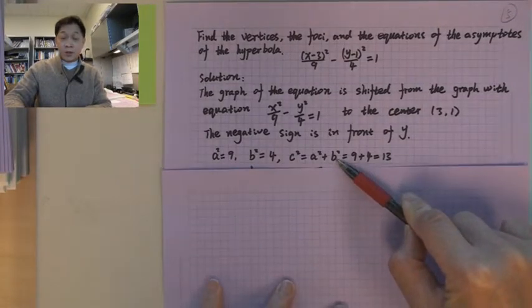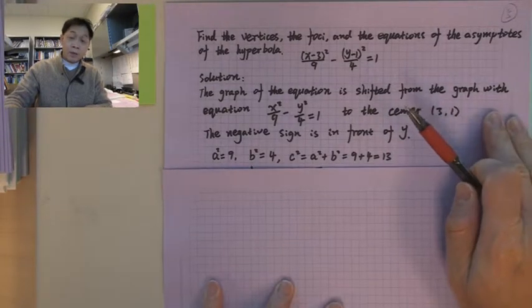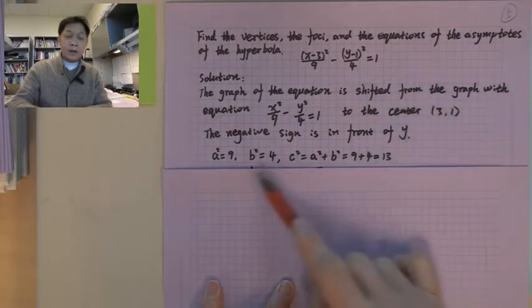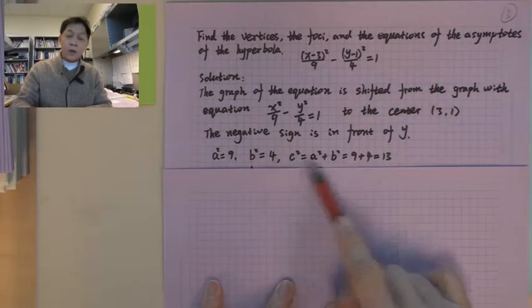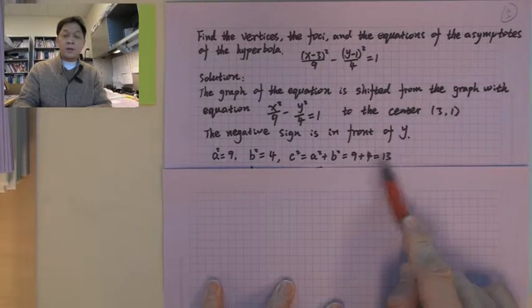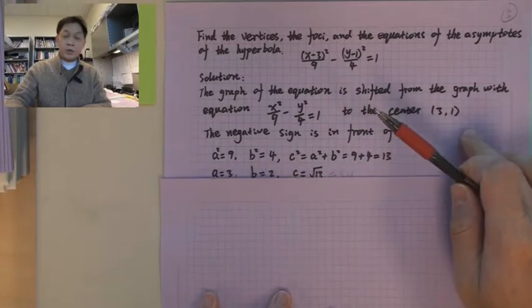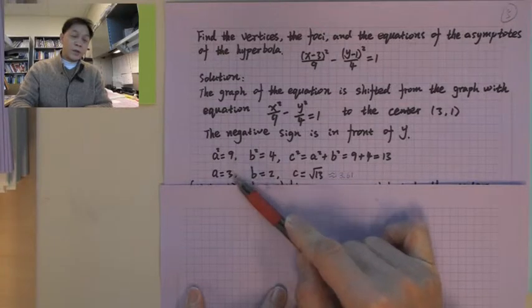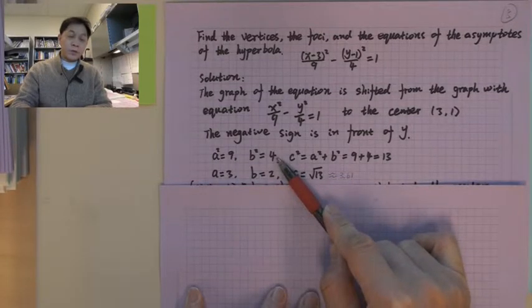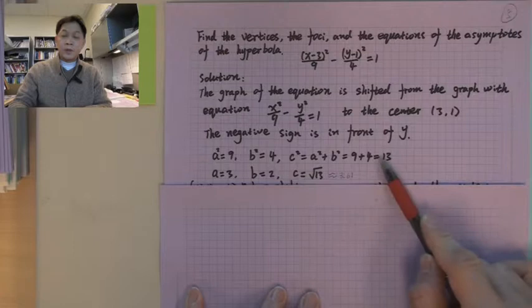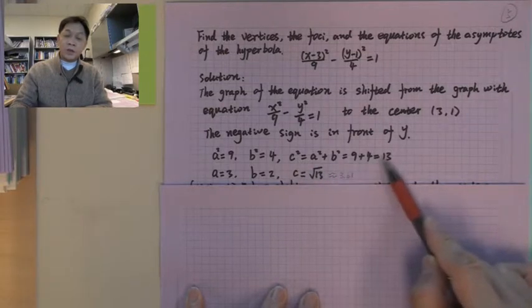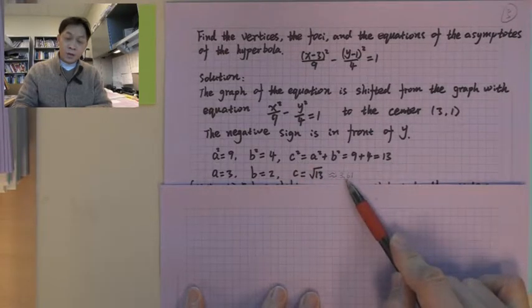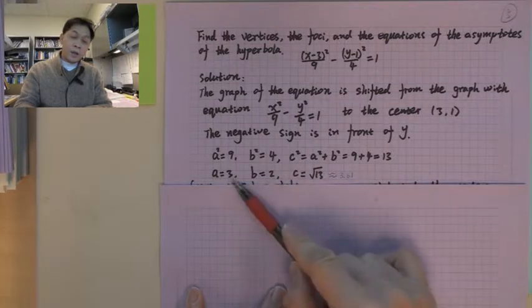Again, c is always bigger in a hyperbola. So 9 plus 4 is 13 for c squared. Choose the square root: a is 3, b is 2. C equals radical 13, which is 3.61, greater than 3.